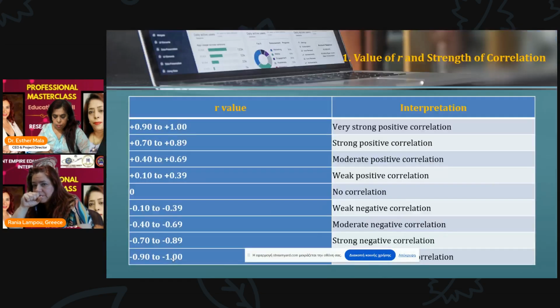So what is the value of the strength of correlation? Here you can see the values: when there's a very strong positive correlation, when it is strong, when it is moderate, when it's weak, when there's no correlation at all, and when we have weak negative, moderate negative, strong negative, or very strong negative.